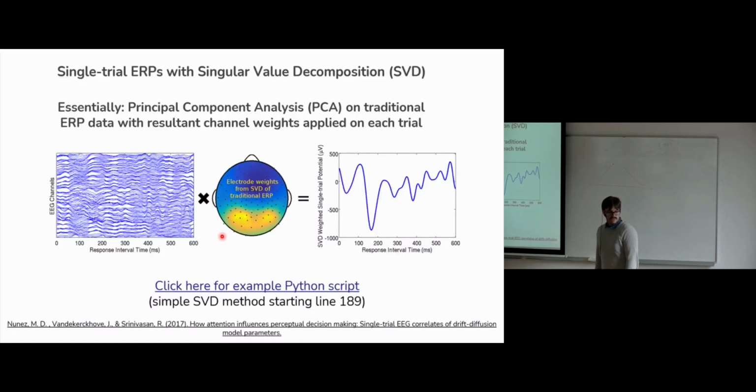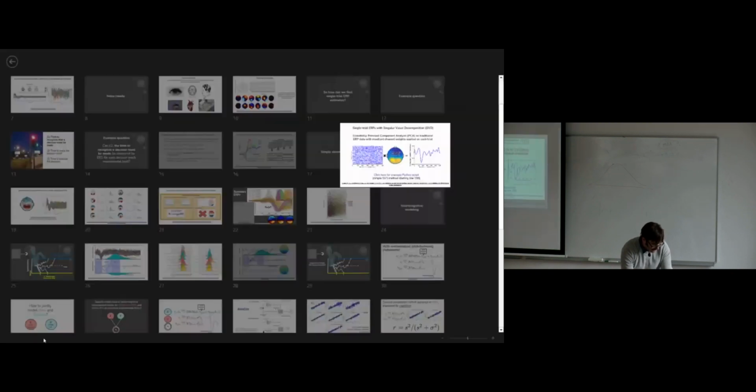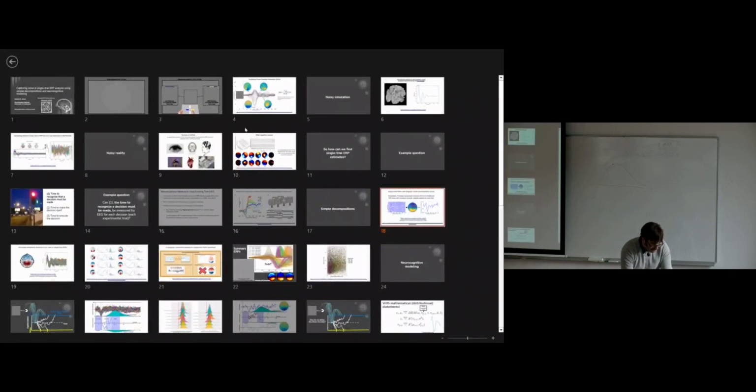To do this on single trials, you could use a simple decomposition. The one we found really useful for these early visual potentials is essentially principal component analysis on the traditional ERP data, and then you apply the weights to the single trials. The scalp map comes from the ERP data.